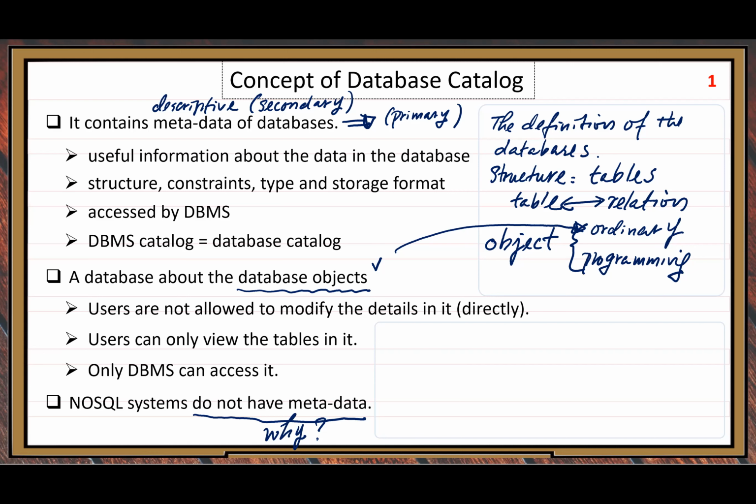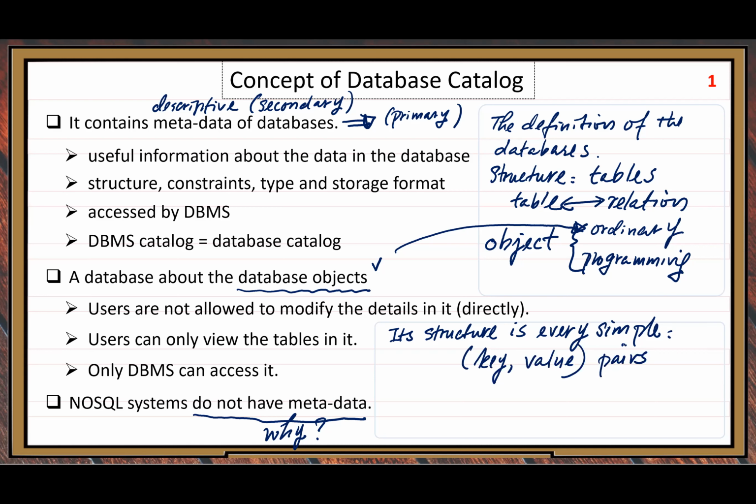The reason is very simple, because its structure is very simple. Yeah, I gave you the structure before. Remember, key-value pairs.